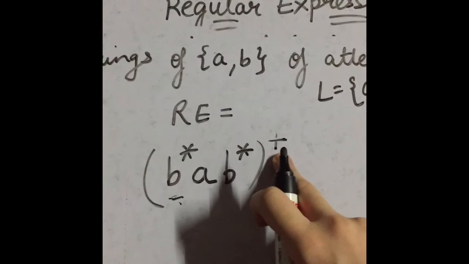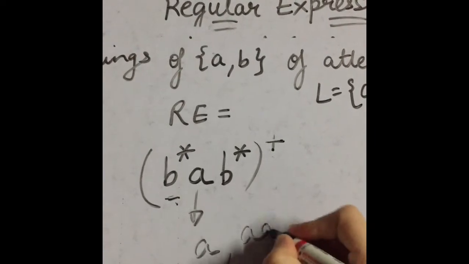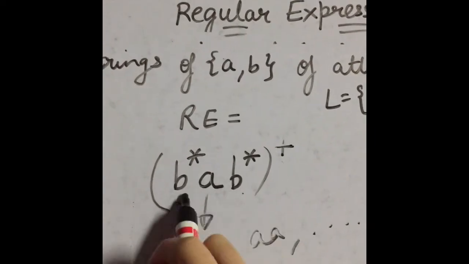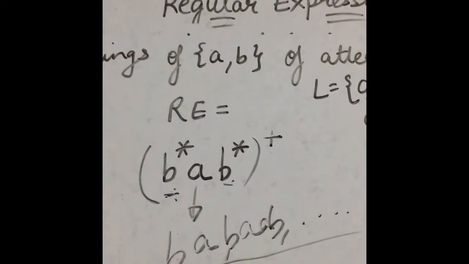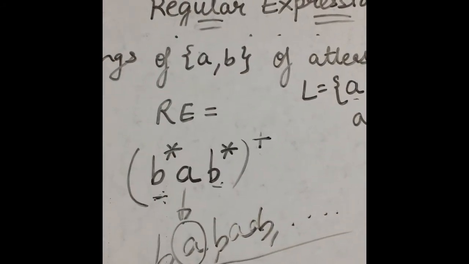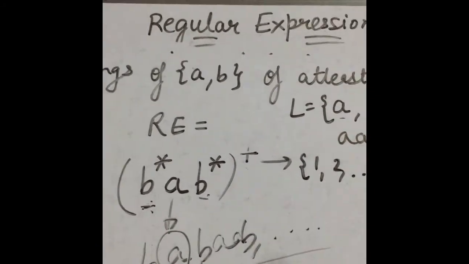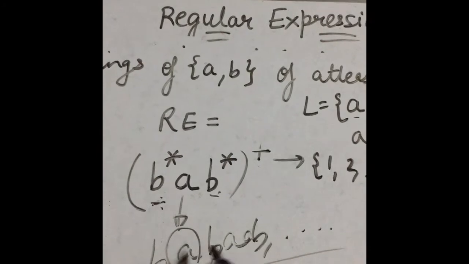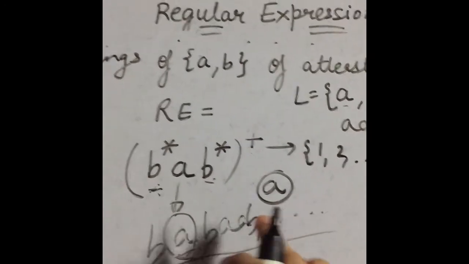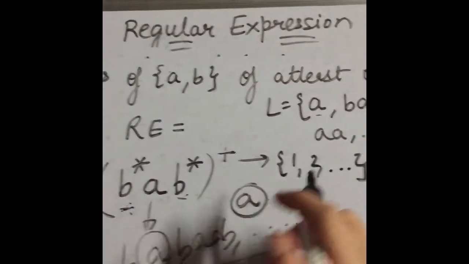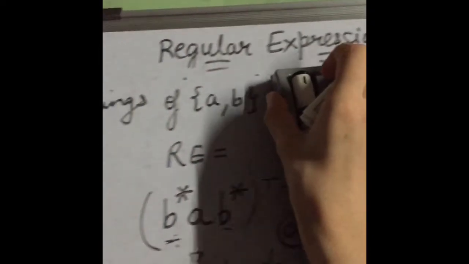If you write plus, then you produce a single a, or if it is 2, then you produce 2 a's, and so on. You can put b on any side, no matter, but you want at least one a in each string. Plus starts from 1, 2 and so on. The shortest string is a single a, so it is accepted. So the regular expression for at least one a is b star a b star, whole plus.